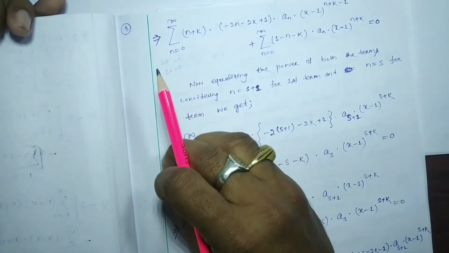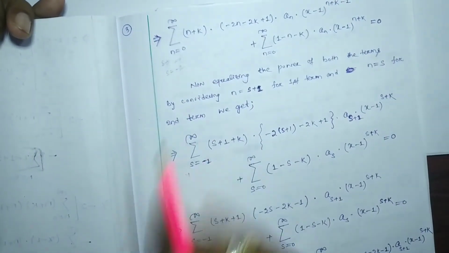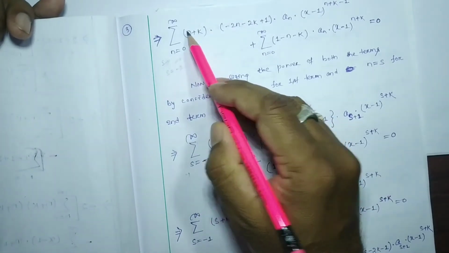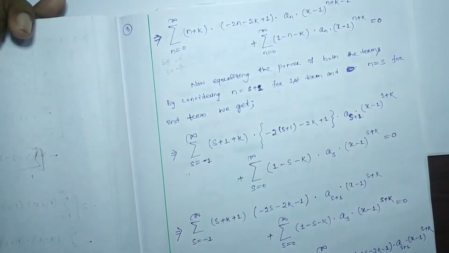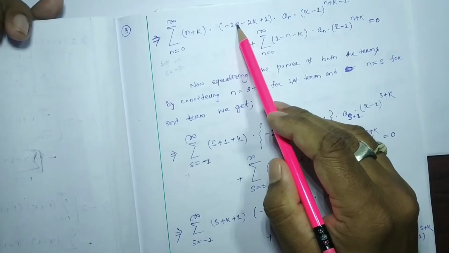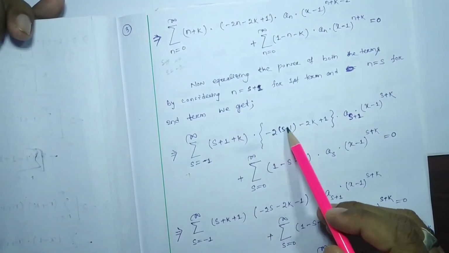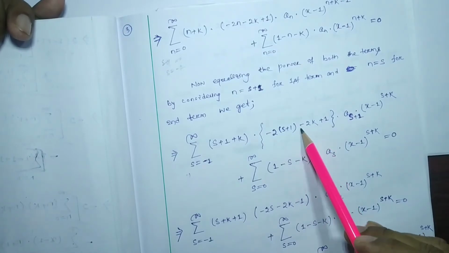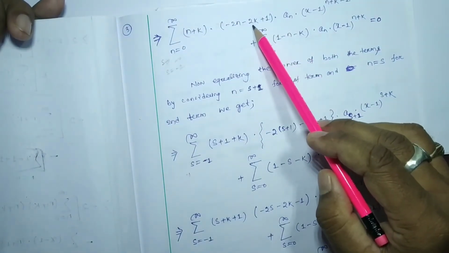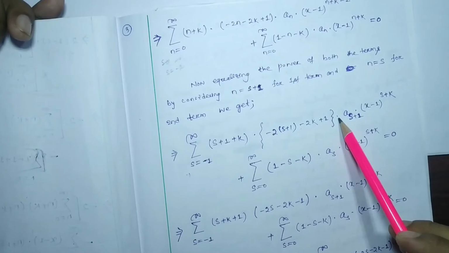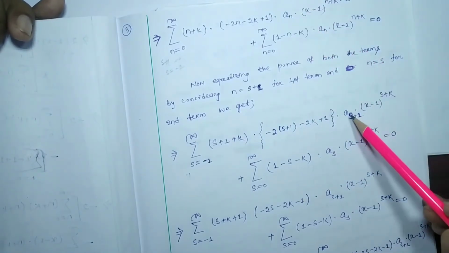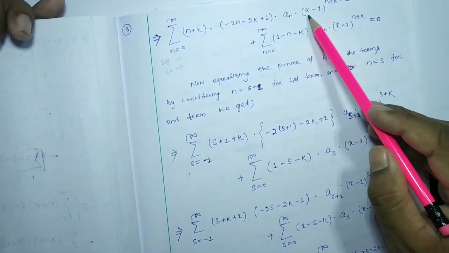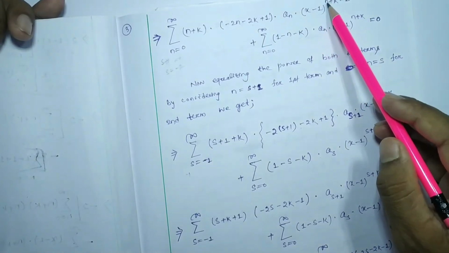Instead of n we have to put s plus 1. So here n is there, means we have to consider s plus 1 plus k. Here n is there, so minus 2, instead of n we have to put s plus 1, then minus 2k. Here minus 2k was there, so minus 2k plus 1 into a_{s+1} into (x minus 1) to the power n plus k minus 1.